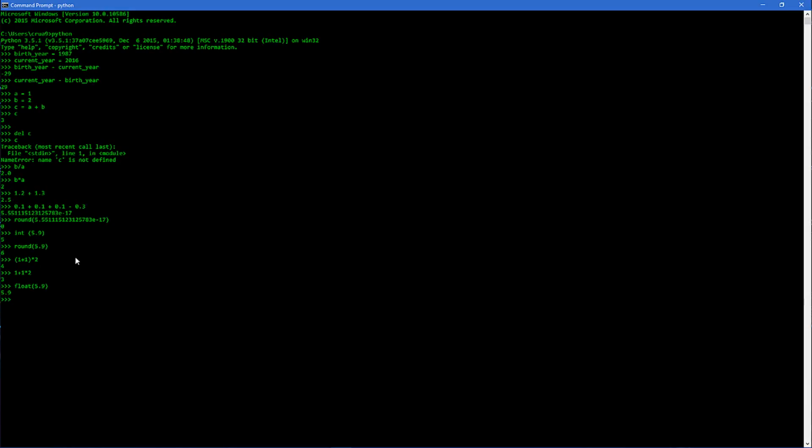So the thing to note with Python is it uses PEMDAS, and for those of you who are not familiar, basically it uses the same math principles as what we use.